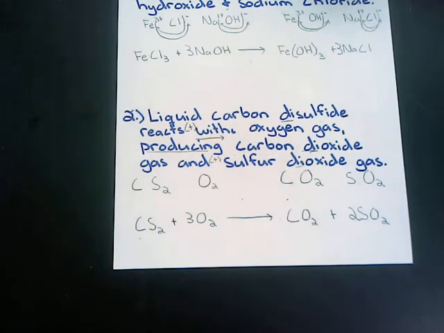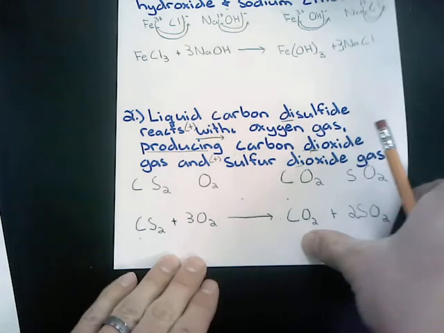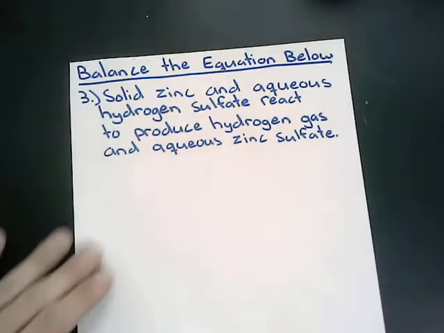So right now, again, always double check your work, but right now that equation is balanced. So what we have, one more example here, and we will balance that particular equation here. So we'll shift gears and we'll balance our third and final example.